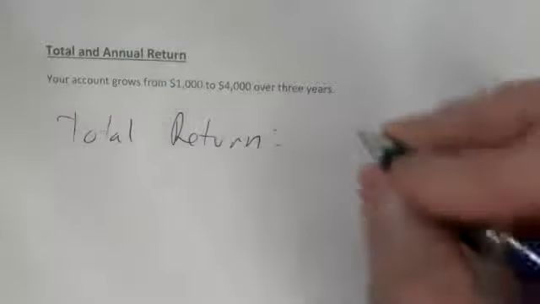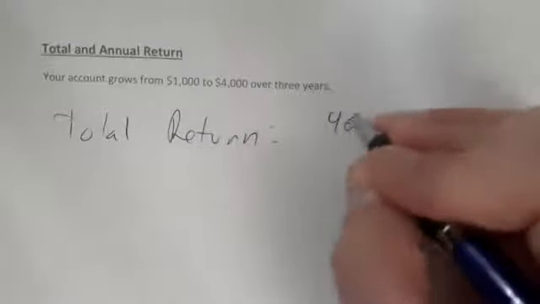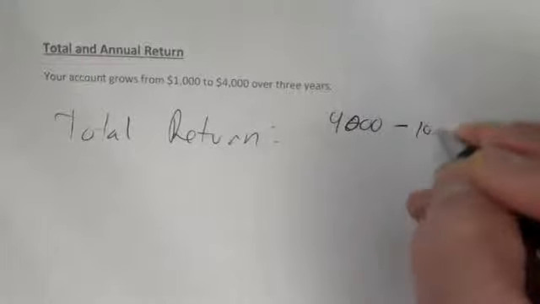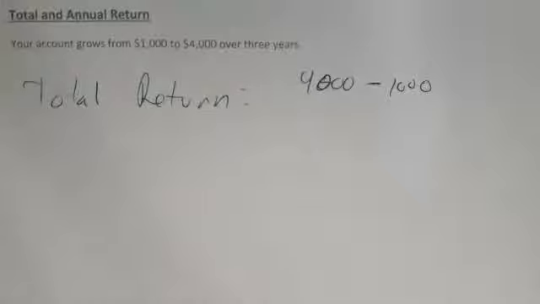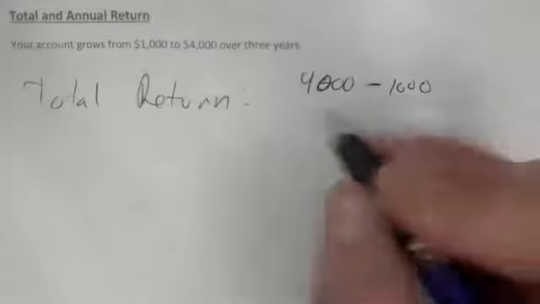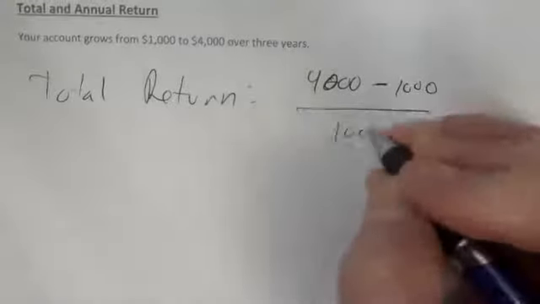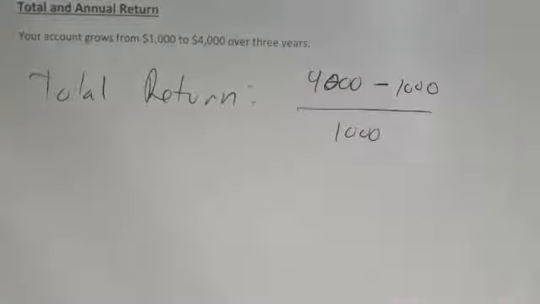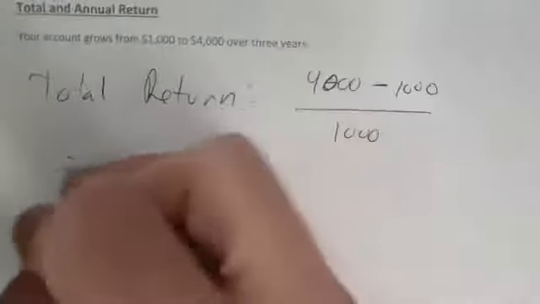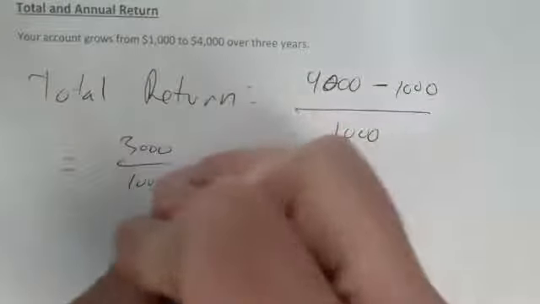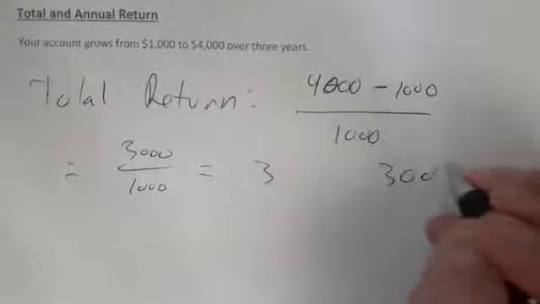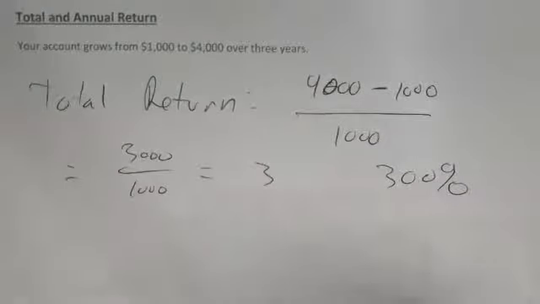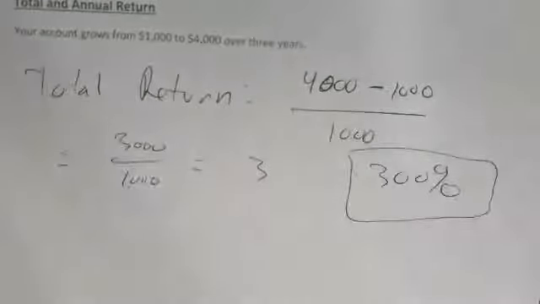So if I'm looking at it going from 1,000 to 4,000, 4,000 minus 1,000 gives me their difference. And then if I want relative difference, I have to divide this by 1,000. And so what this is giving me is 3,000 over 1,000, or just 3. And so if I want to convert that, that is telling me it is increasing 300%.